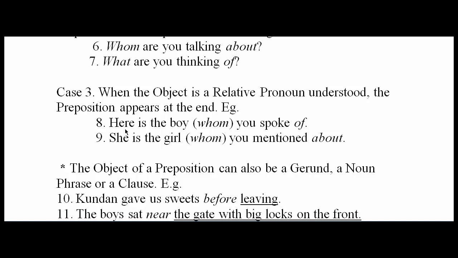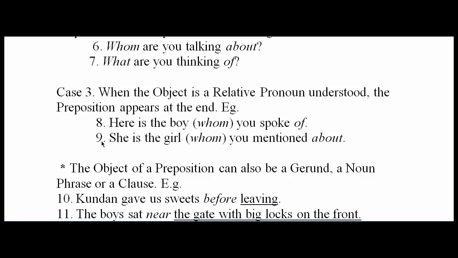Example: here is the boy you spoke of. The relative pronoun whom is understood. This is the boy whom you spoke of. It is not mentioned in the sentence, but it is understood, and the preposition can be placed here.